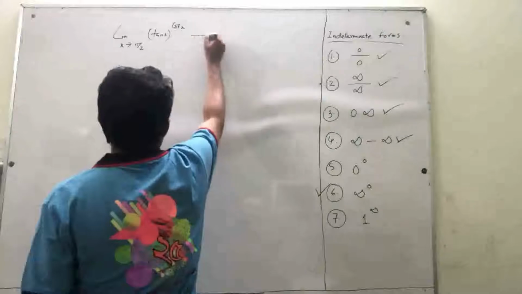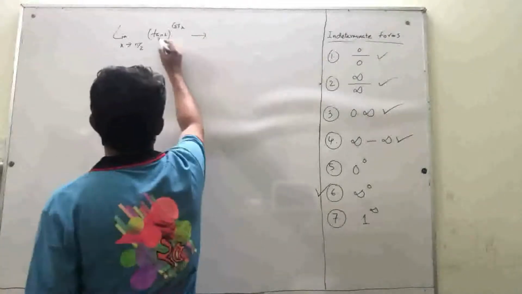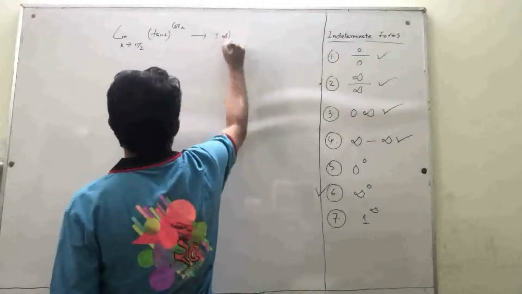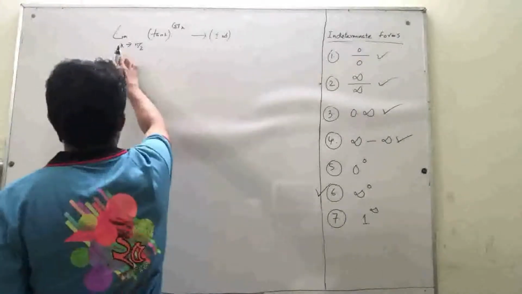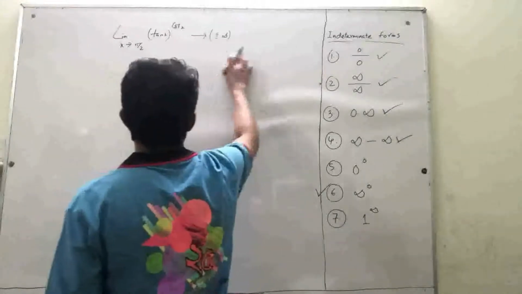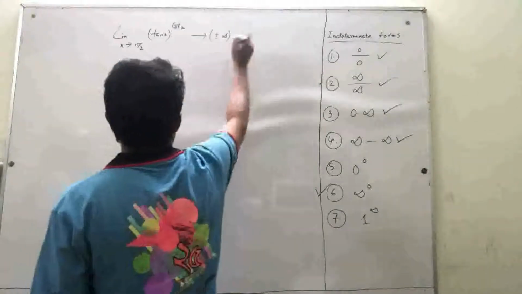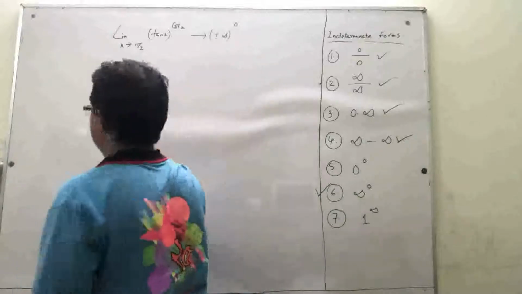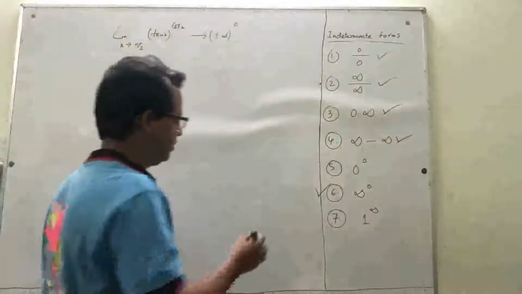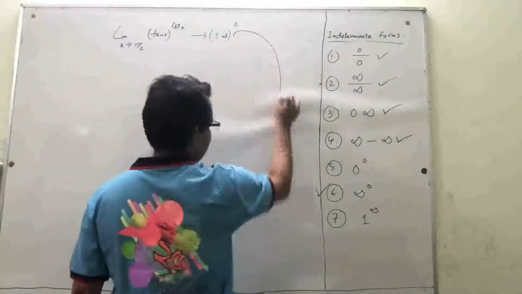So the value of this function at x equal to pi by 2: tan x at pi by 2 is plus minus infinity, and cot x at pi by 2 is equal to 0, which is an indeterminate form like this.